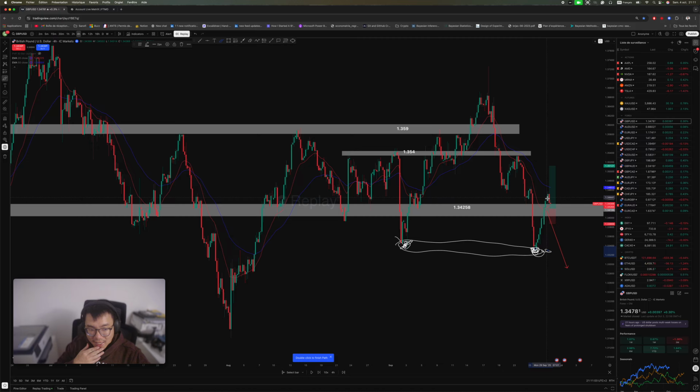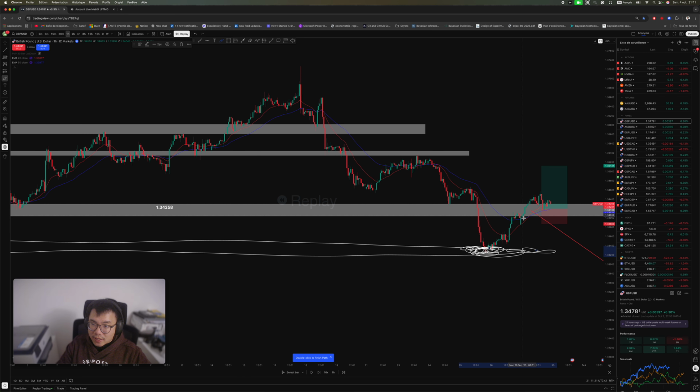That made me really concerned about the short setup. So I decided not to trade the short here, but to wait a little bit.